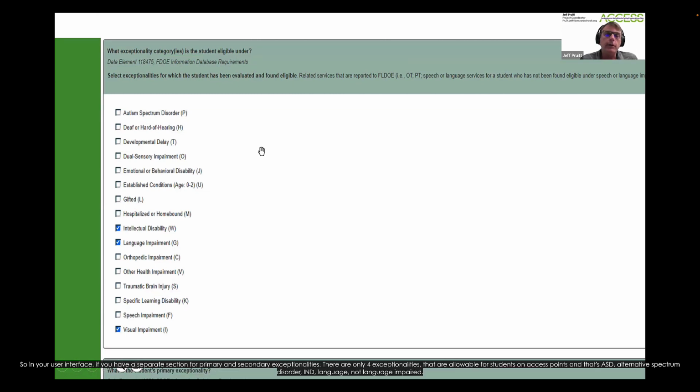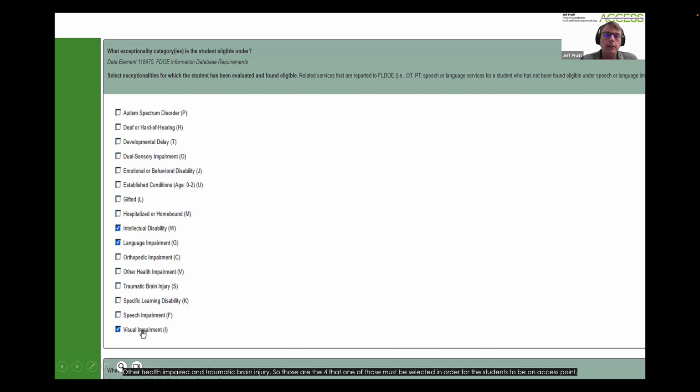So in your user interface, if you have a separate section for primary and secondary exceptionalities, there are only 4 exceptionalities that are allowable for students on access points, and that's ASD, autism spectrum disorder, IND, not language impaired, other health impaired, and traumatic brain injury. So those are the 4, and one of those must be selected in order for the students to be on access points. You guys would have any of those selected for those of you that are writing IEPs for students that are not on access points.